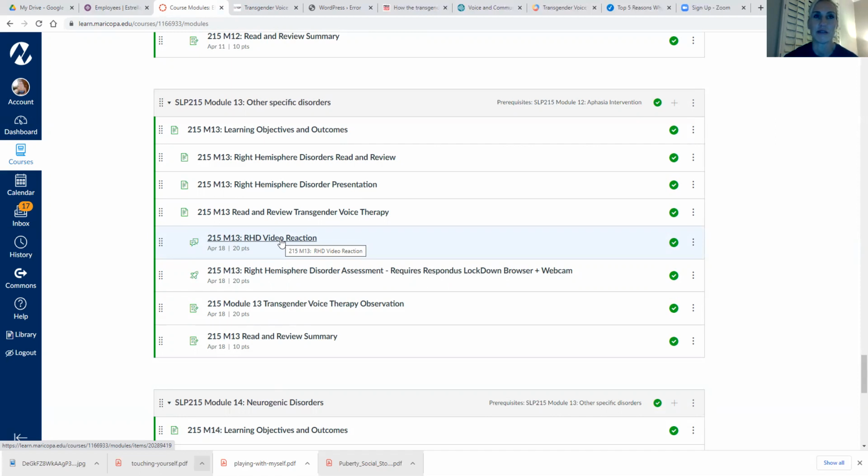So I do think we're going to see more referrals into speech therapy for people with some right hemisphere disorder, just because there's awareness and better diagnosing of issues. We'll see more people come to us with that diagnosis. And of course, when in doubt, ask your supervisor.